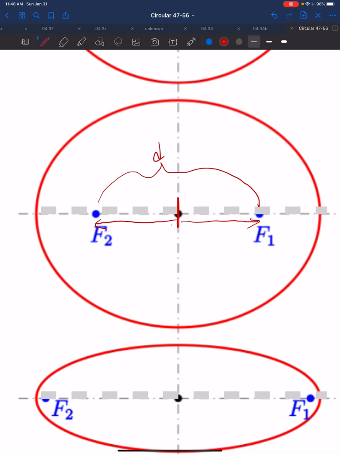And if we look at the length of the major axis, which is all the way from one side to the other, the distance from the center to either of those edges is 1/2. So if I take 1/2 the distance and 1/2 the length, I will still get the same ratio.